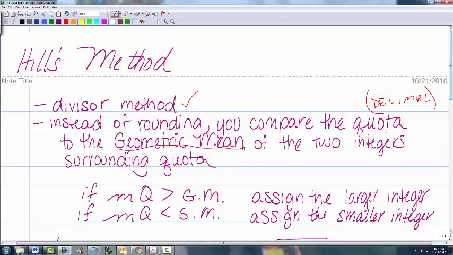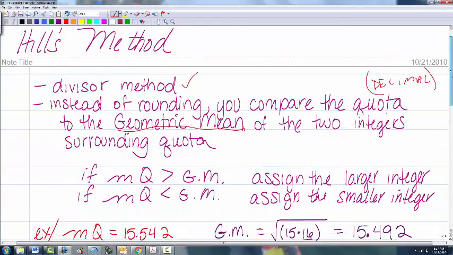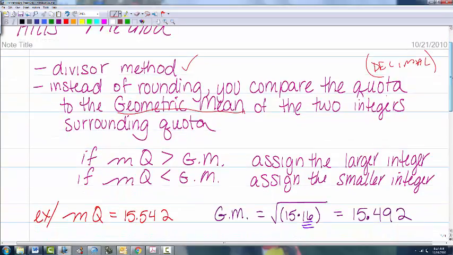Geometric mean is a simple mathematical concept listed right here in this example. But before that, the quota means the quota that you got. If your quota is greater than the geometric mean, then you're going to assign the larger of the two numbers. Nice little example right here.